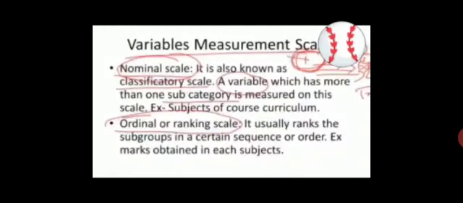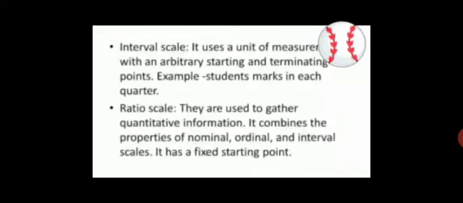We keep it in sequence how many marks one student has obtained in one subject. We start from the highest to the lowest. Highest would be on the top and the lowest would be at the bottom.